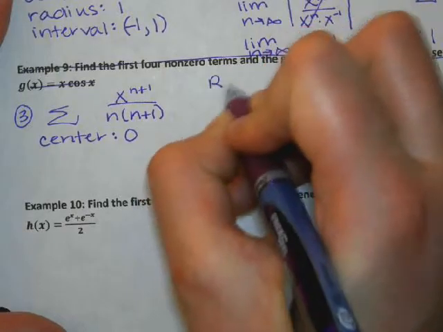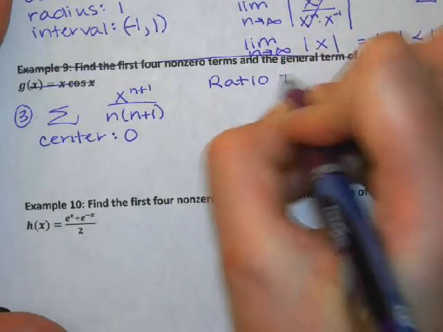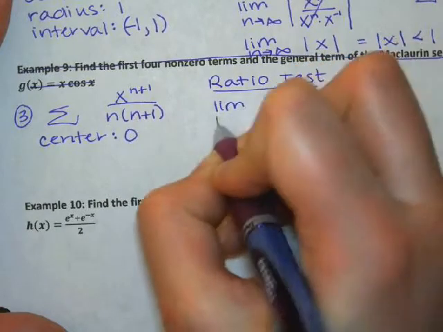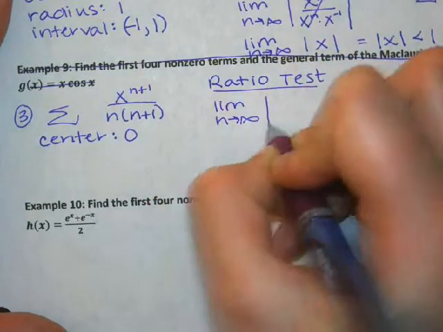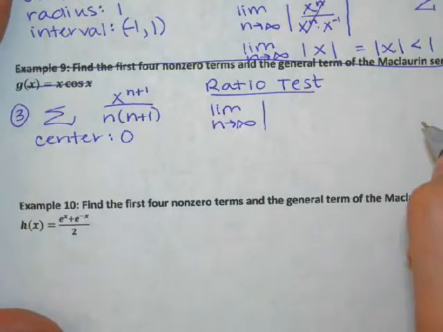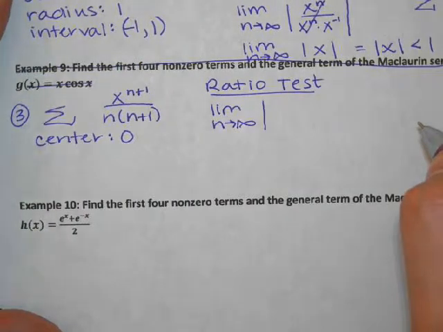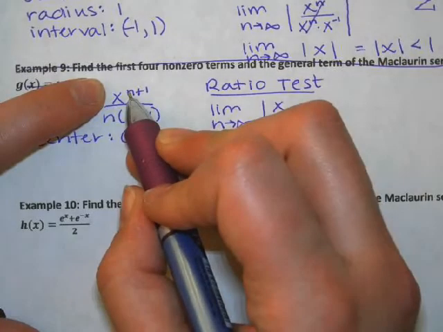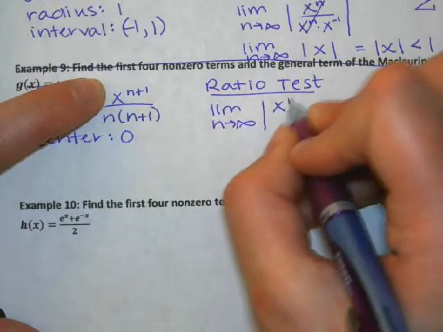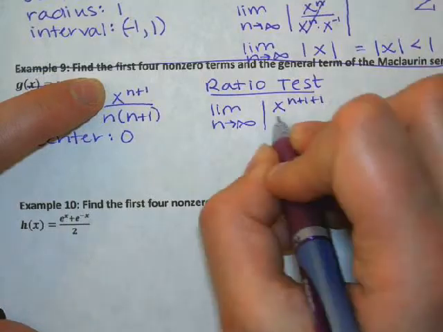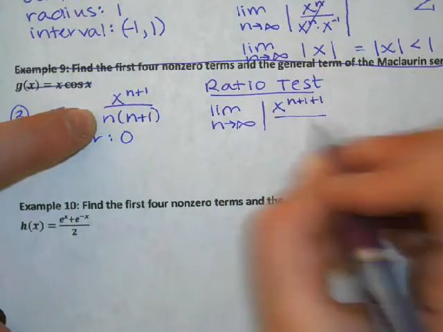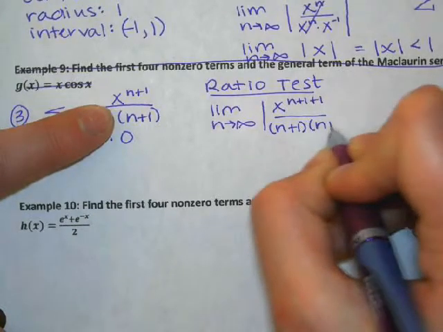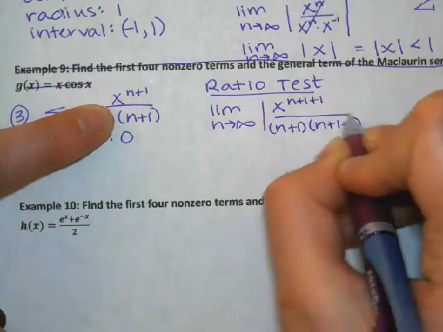And then we can go ahead and do the ratio test. So I'd have x to the n plus 1 plus 1 over n plus 1 times n plus 1 plus 1.